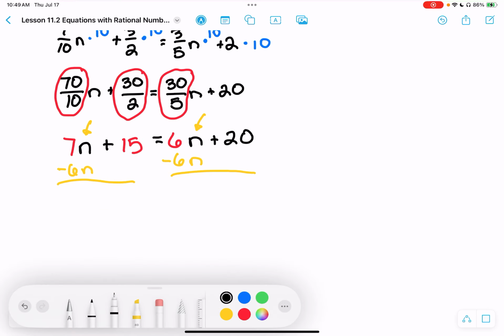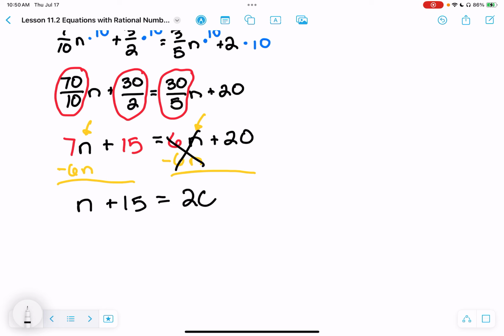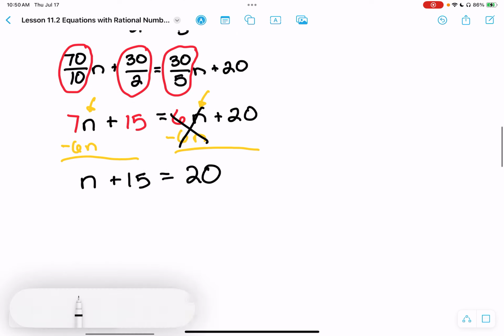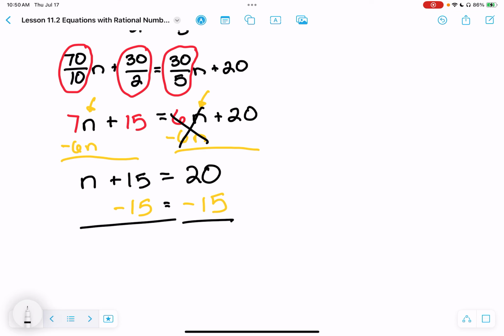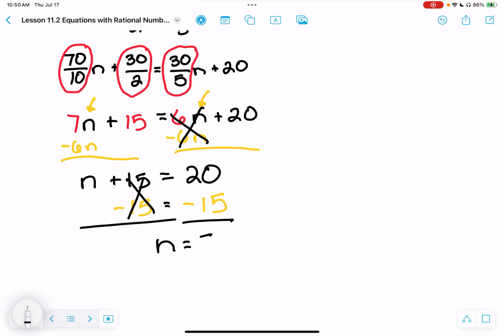Happy days are here again. 7n minus 6n is just 1n. And we are now one step away from the answer. Just subtract 15, and there we go. n equals 5. We did it.